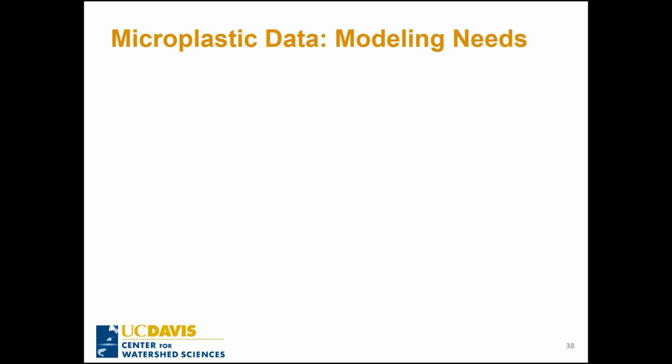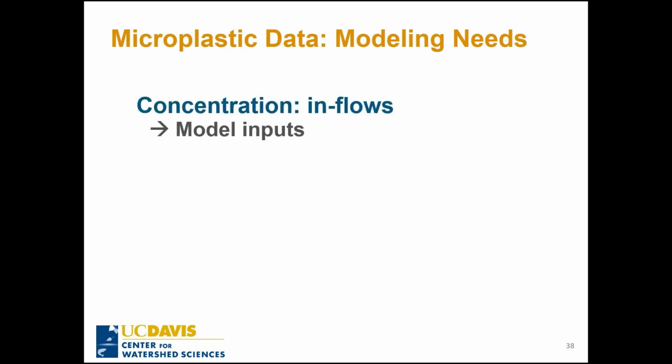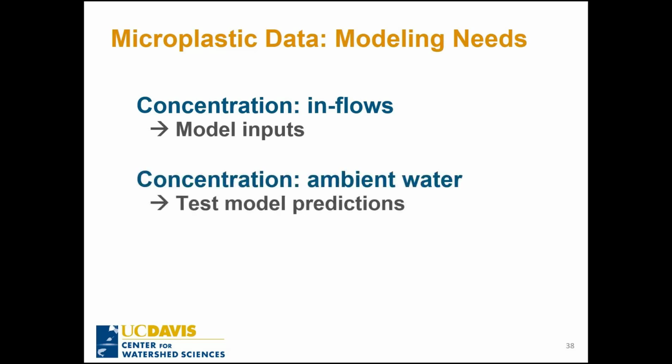So in terms of what we need from the field data in order to adequately model the system, for one, obviously we need some idea of the concentrations of the plastics that are coming into the bay, and those are just the fundamental inputs to our transport model.